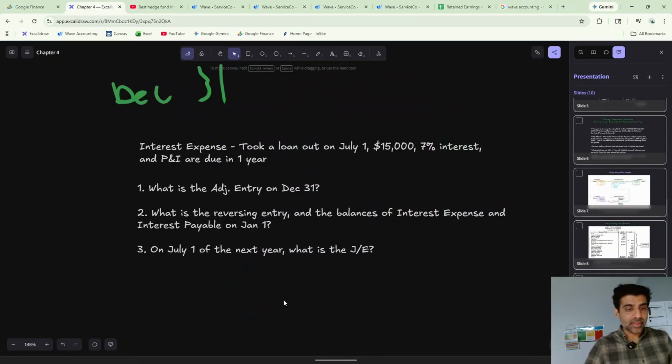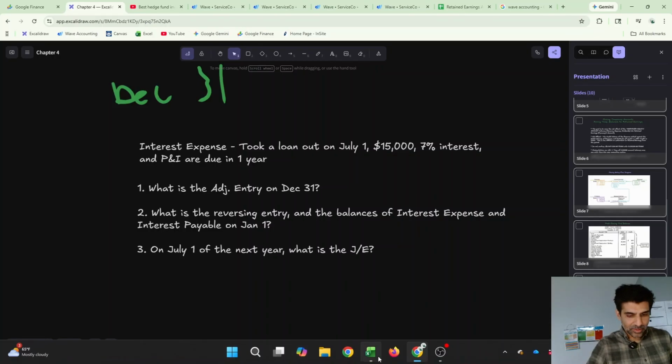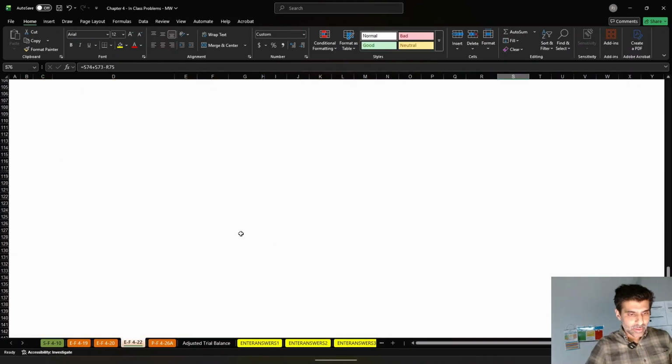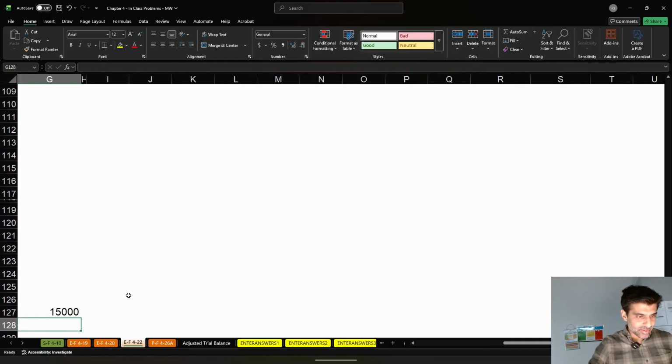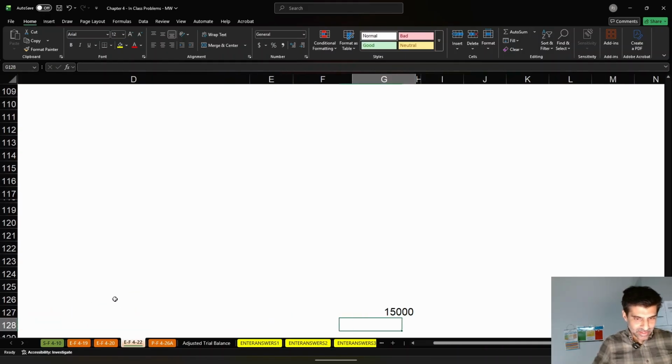Okay, so the adjusting entry. The math behind this, just to be clear, it's $15,000. My interest rate is 7%.